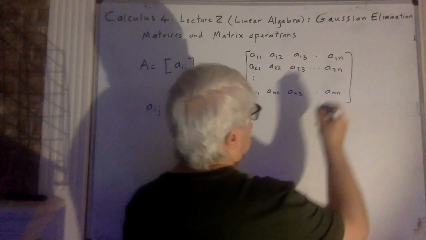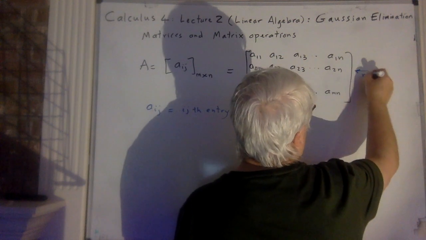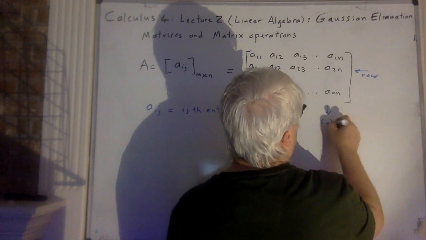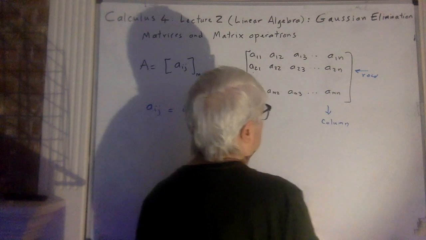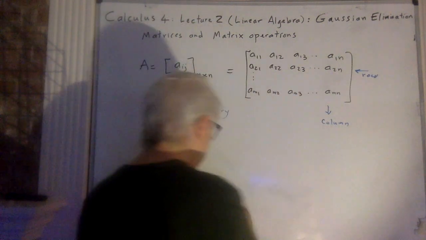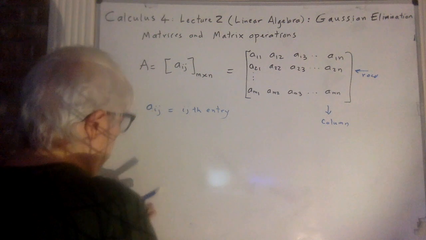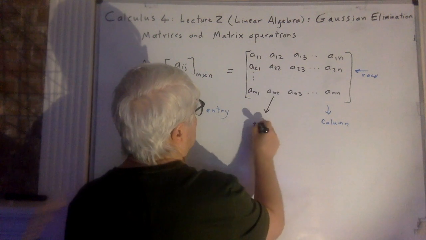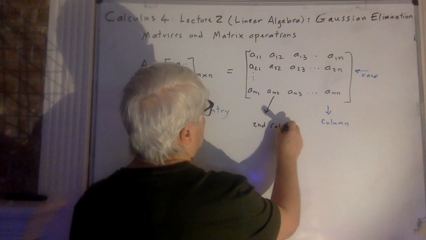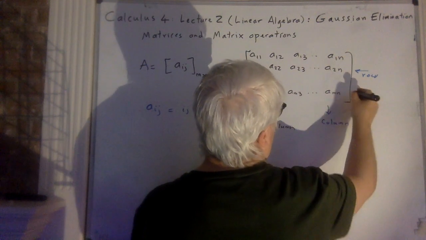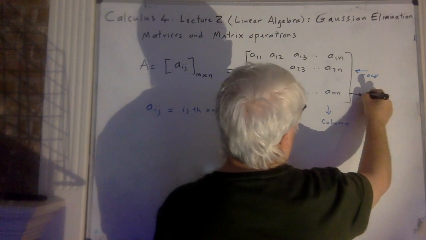Each one of these is a row, and this one is a column. So for example, this is like the second column, and this one is the nth.